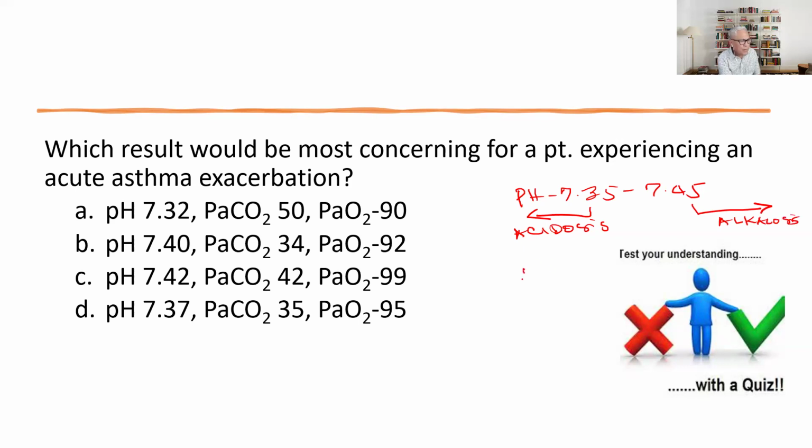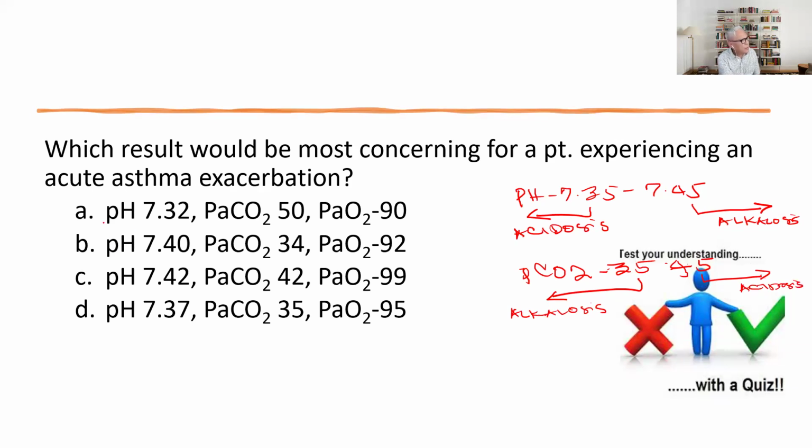And the PCO2 is a function of the respiratory system, and the normal values are 35 to 45. And if it is less than 35, this is alkalosis. And if it's over 45, this is acidosis.